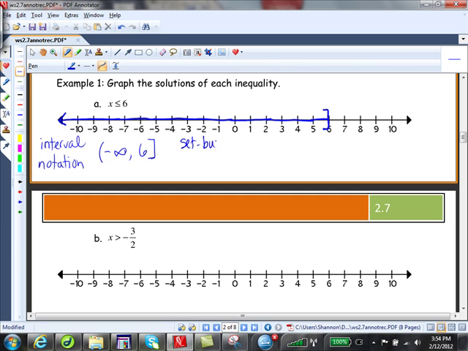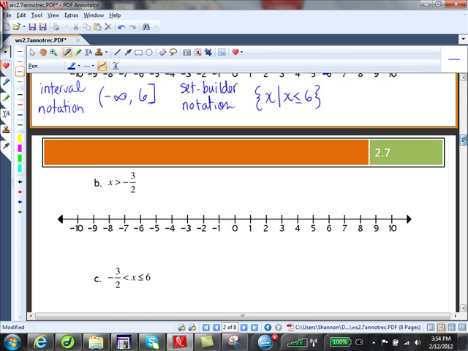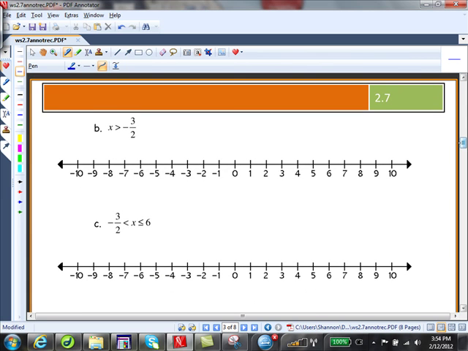Set builder notation: our variable is x, such that x is less than or equal to 6. Okay. So we're going just a little above and beyond the call of duty there.